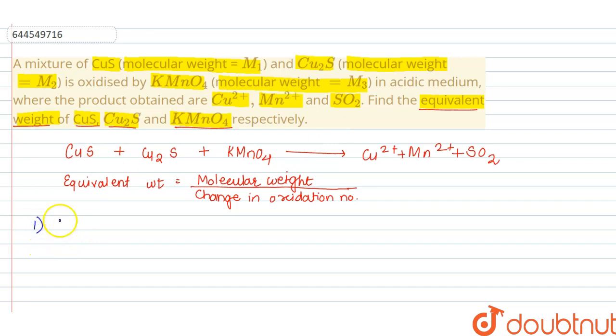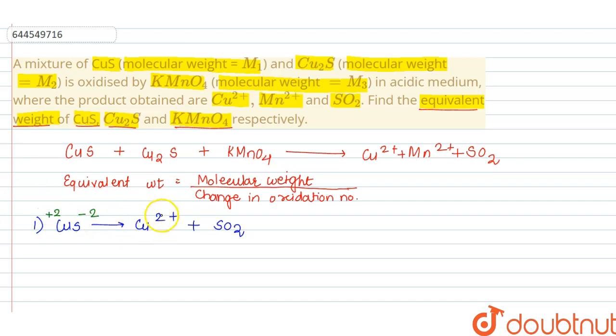So now first reactant, that is CuS, which is converting to Cu2+ ion and SO2 gas. Now here in CuS, the oxidation state of copper, that is Cu, is +2 and that of sulfur is -2.